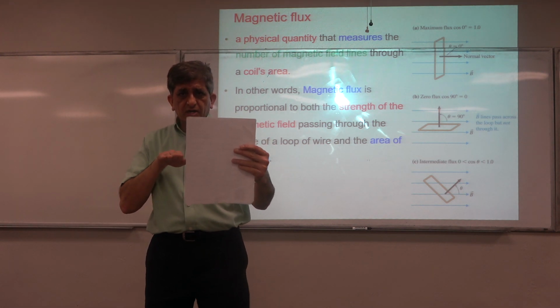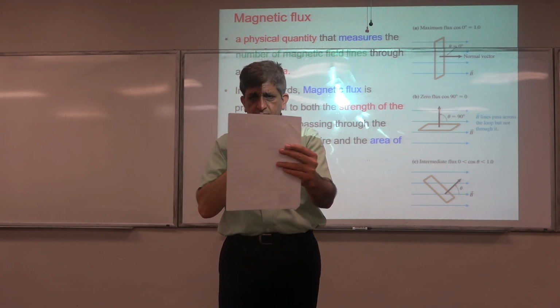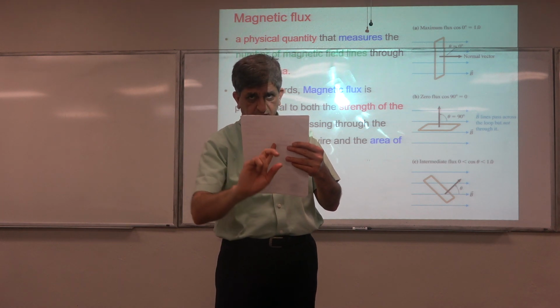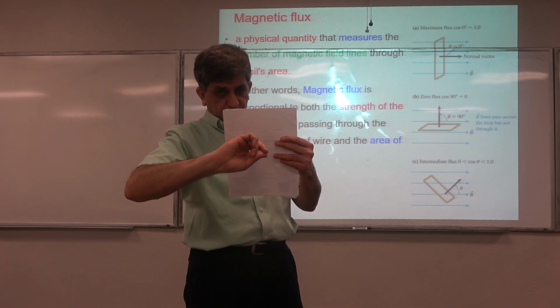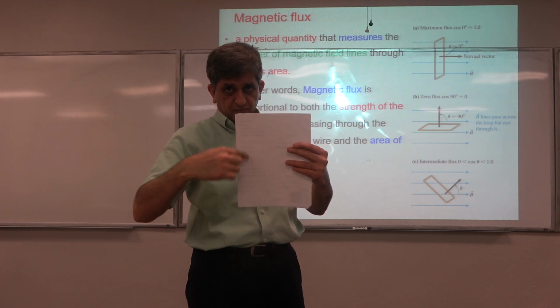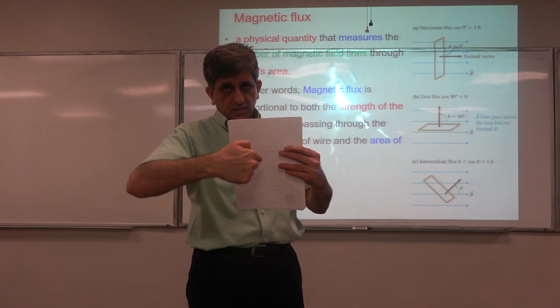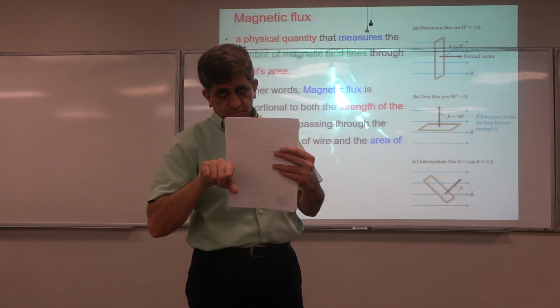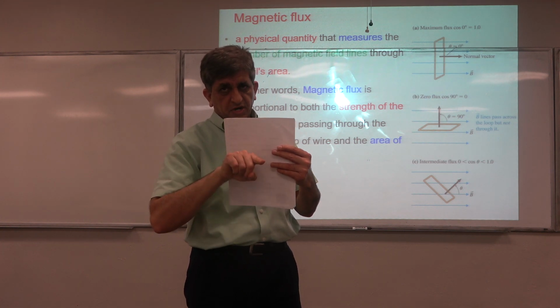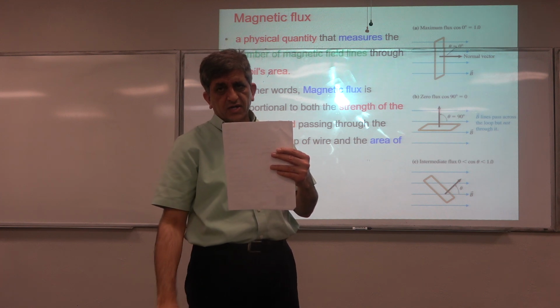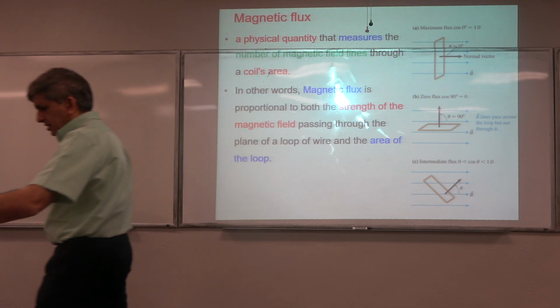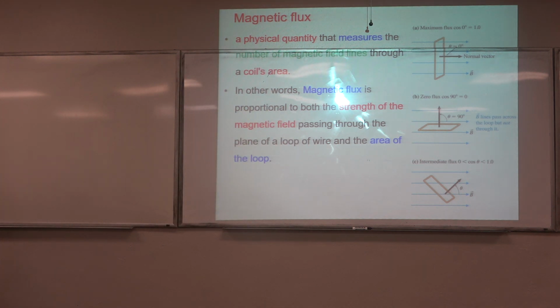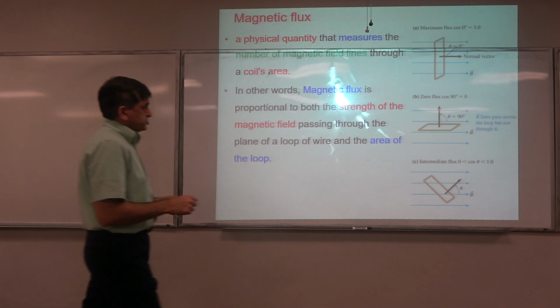The magnetic field lines are going through this, alright, and the area vector is a vector perpendicular to the area of the cross section of the coil. That area vector, the normal, and the magnetic field lines are in the same direction. So the angle between them is 0. So the field lines are passing through it.